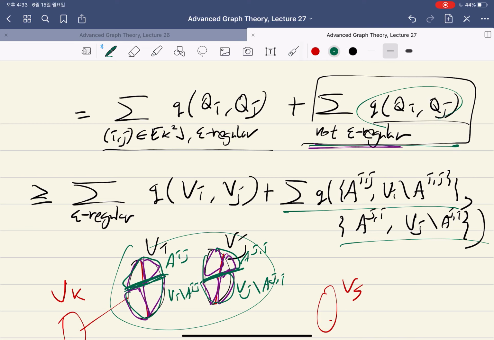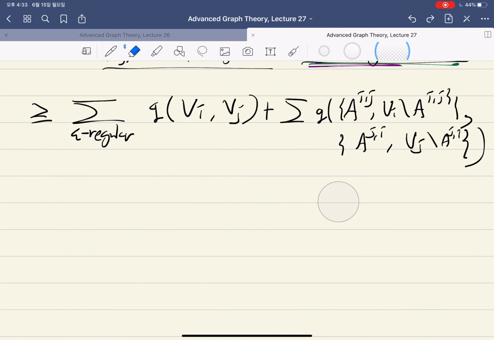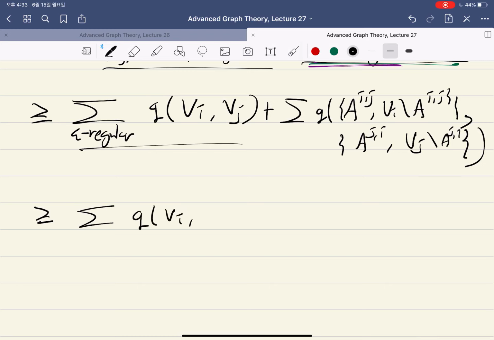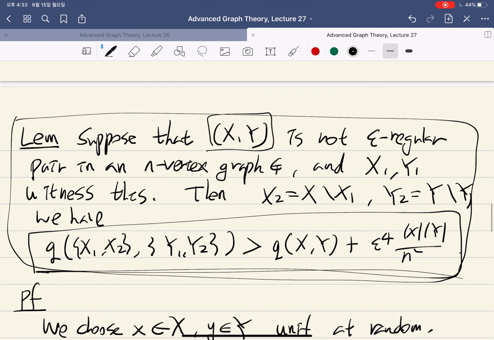So this is a refinement of this, so you have this inequality. And what we have just shown is that this is okay. So you take all i, j, and for each of them we just showed that there is an increment.